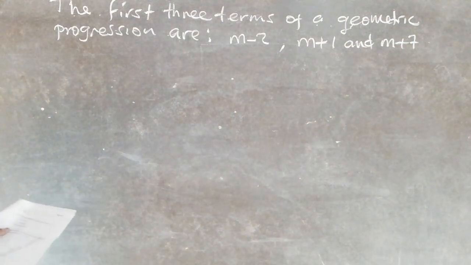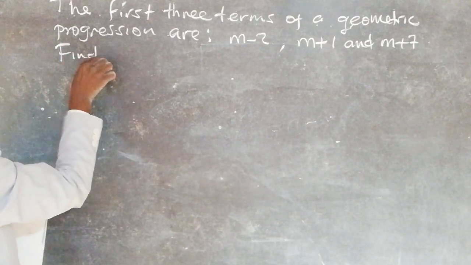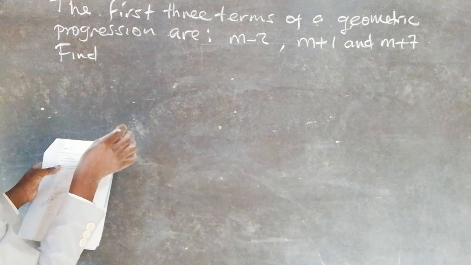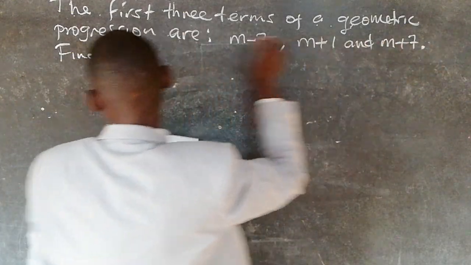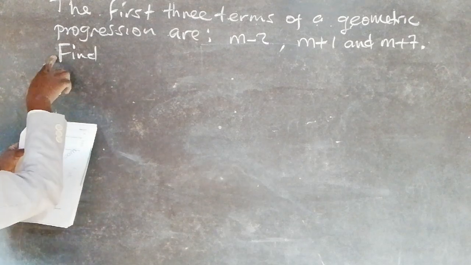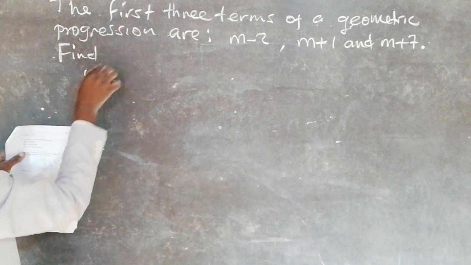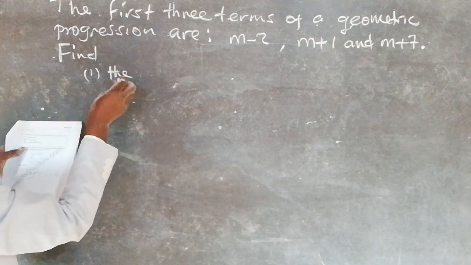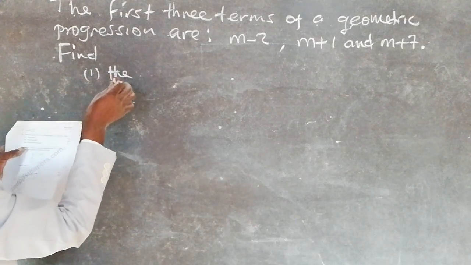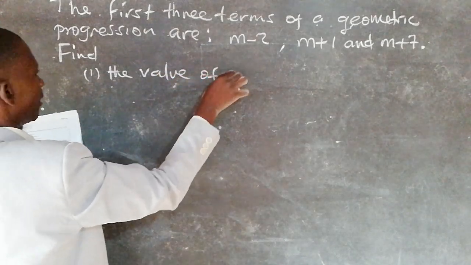So now, what was the first question like? The first question is: Find the value of m.